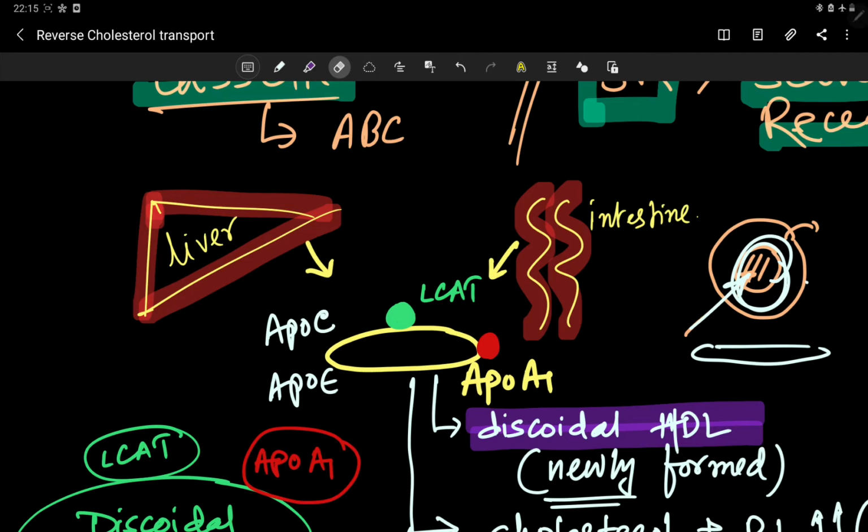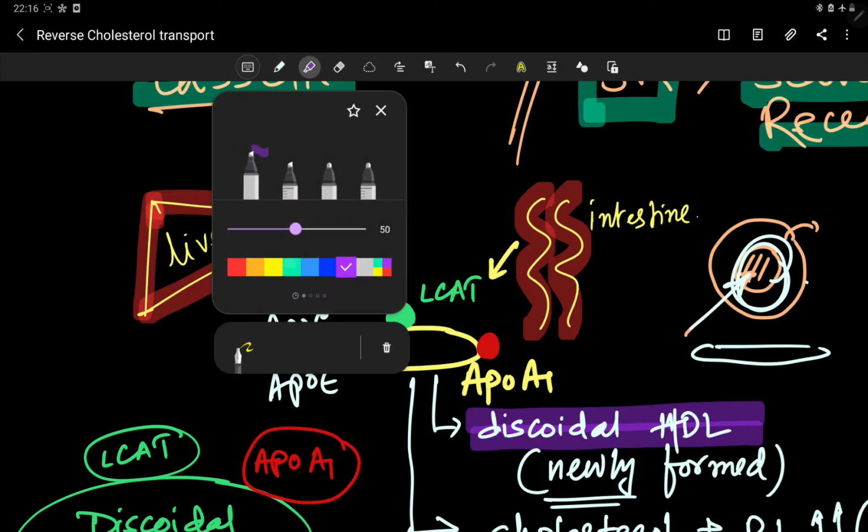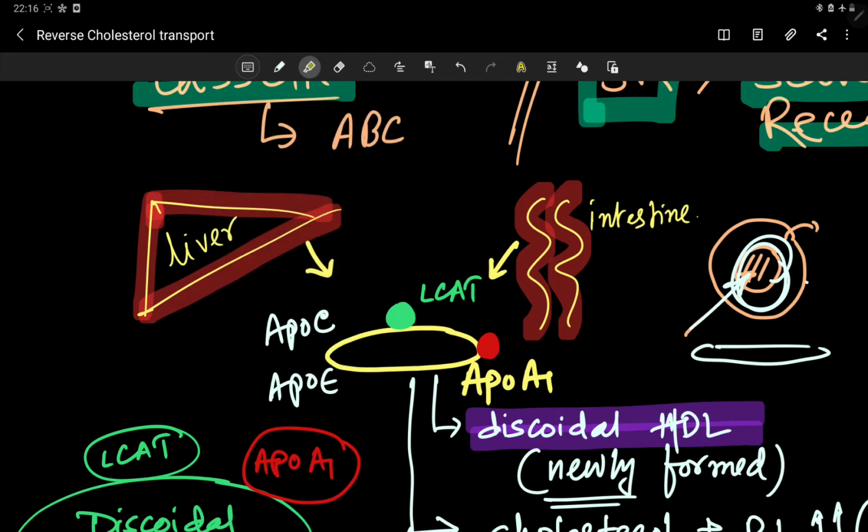These are all attached with your HDL. This is your discoidal HDL, with LCAT activity, with ApoA1 protein and ApoC, ApoE protein. Okay, so this is your newly formed HDL, which is coming from your liver and your intestine.